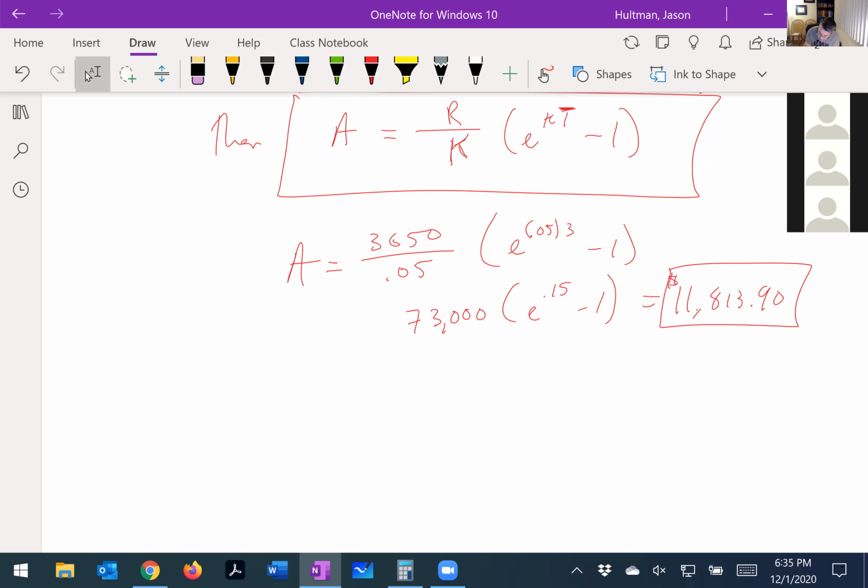Okay, let's flip it around and let's talk about present value. Instead of future value, let's talk about the accumulated present value of a continuous income stream.